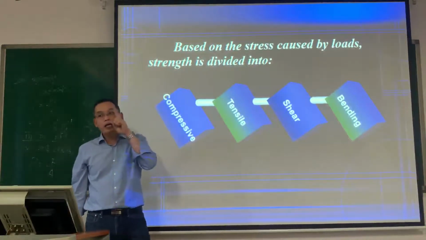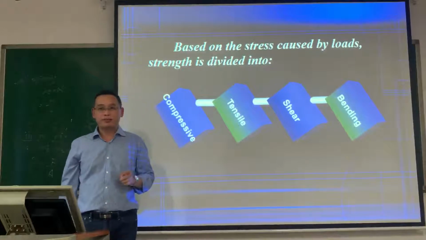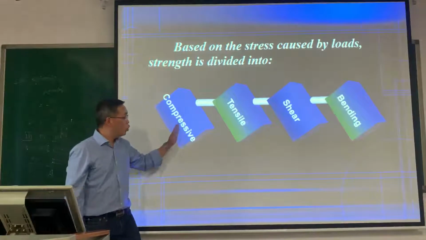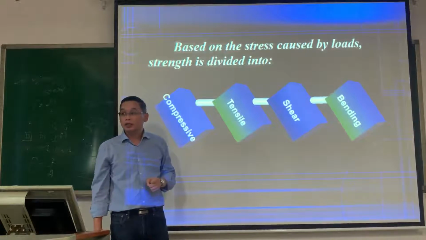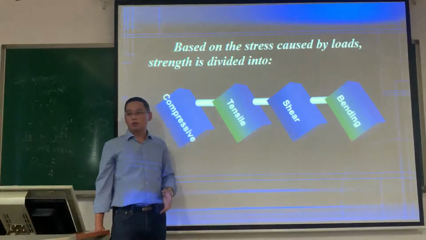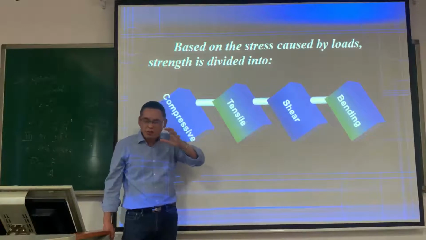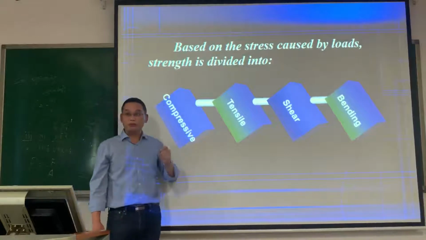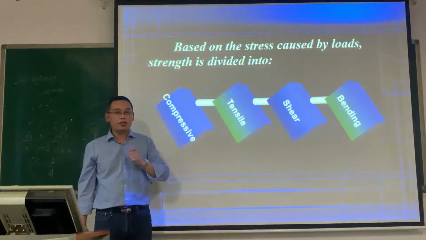For concrete, which kind of strength is the biggest? Tensile? No. The tension is much lower, very low. Which one is the biggest? Compressive. This is the most important advantage of concrete.